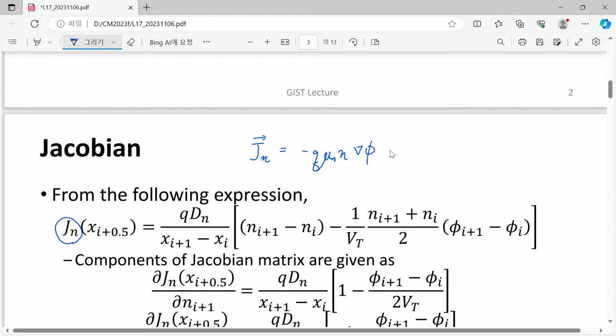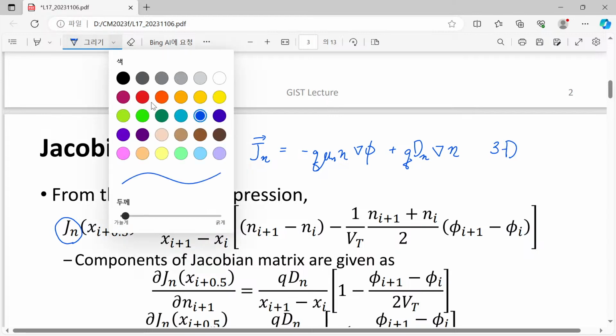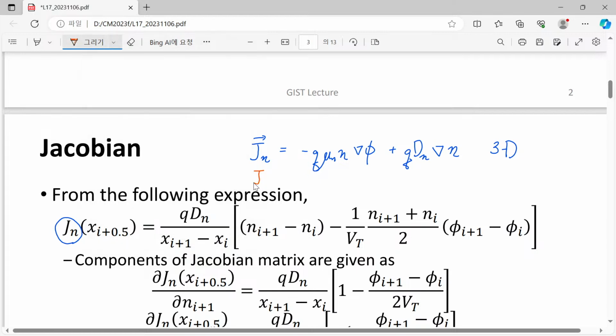This is the drift term, and here we had the diffusion term. That was the 3D version. However, in this course we prefer a one-dimensional version, which is given by q mu n d phi over dx plus q D dn over dx.